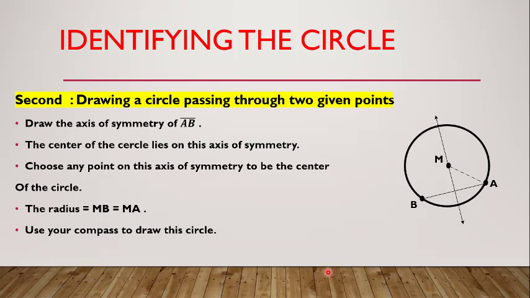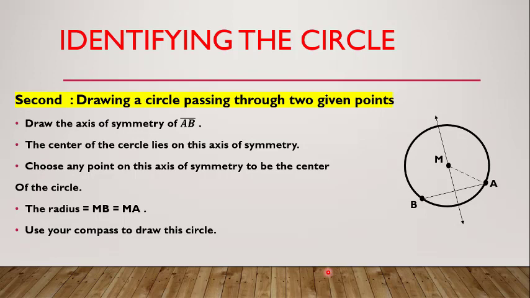So to draw a circle passing through 2 points, draw at first the axis of symmetry of the line segment AB, then choose any point on this axis of symmetry to be the center. Then you can open the compass a distance from M, the center you chose, to any point A or B, and then draw the circle.